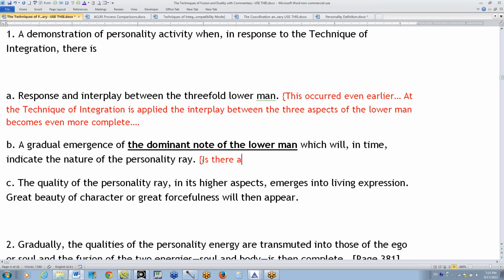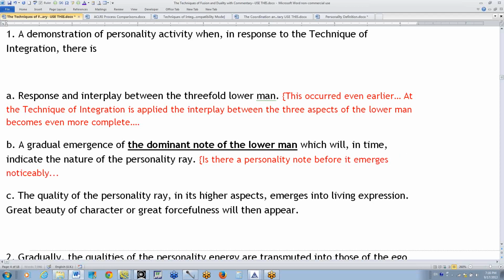I suppose we can always wonder, is there a personality note before this, before it emerges noticeably, or not? In other words, when we have an Atlantean man, do we have a personality ray?